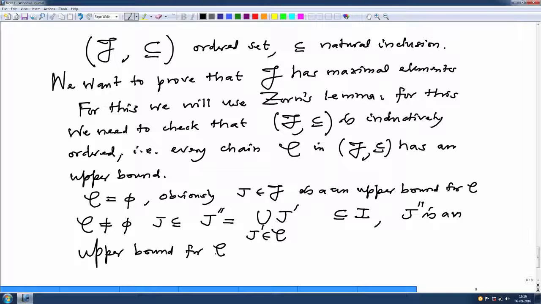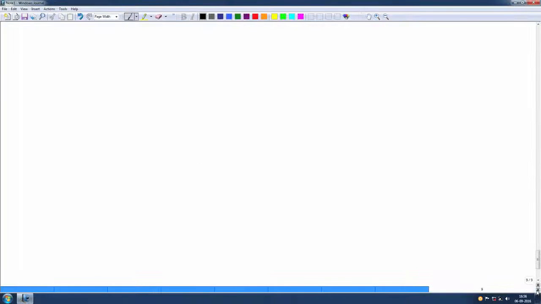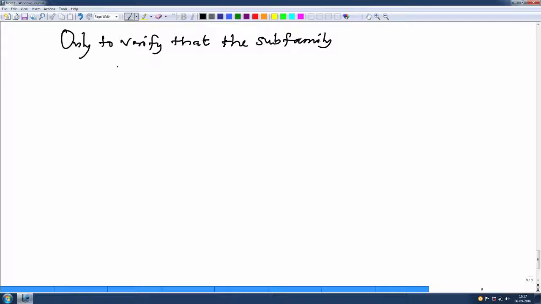For C. But we only need to check that J double prime should also be in script J. Then only is it an upper bound for C in script J. So we have to verify now that J double prime is in script J. But J is contained in J double prime, and it is a subset of I. So the only real checking is to verify that the subfamily x_j, as j varies in J double prime, is linearly independent.